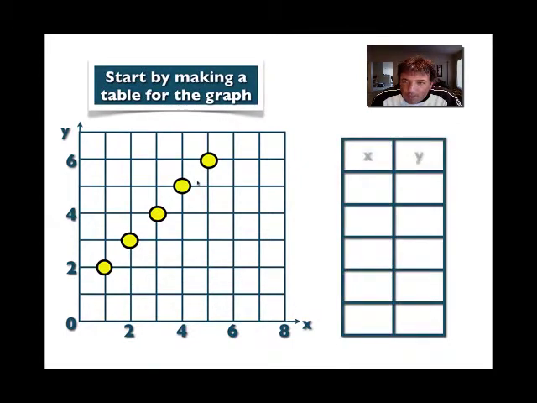We draw our x and y table. And I know that the first point is over 1 up 2, over 2 up 3, over 3 up 4, over 4 up 5, and over 5 up 6. Those are the numbers that we put in. This should look familiar because we did this one earlier when we started the lesson.